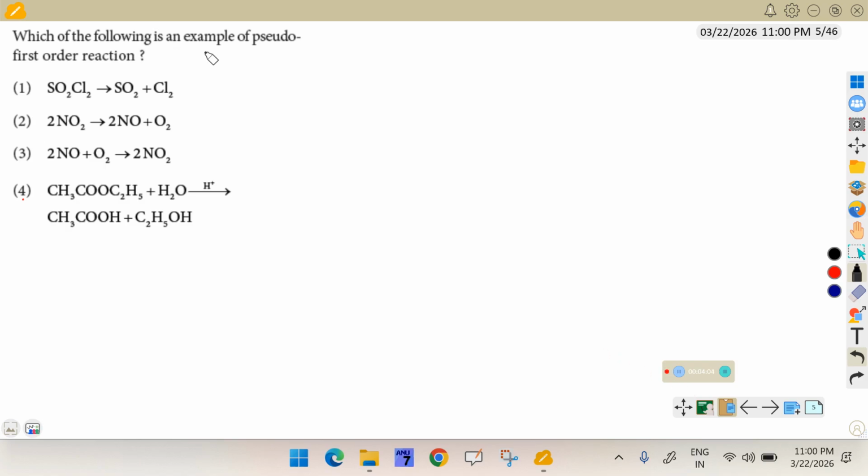Which of the following is an example of a pseudo first order reaction? No doubt, ester hydrolysis. Ester hydrolysis is the example for pseudo first order reaction.